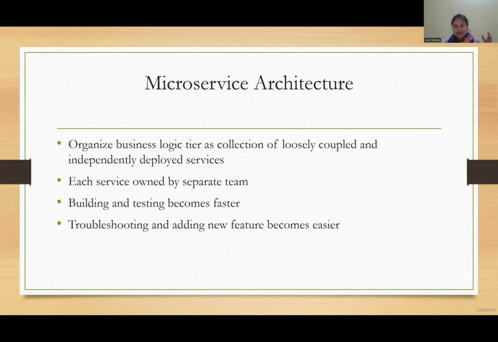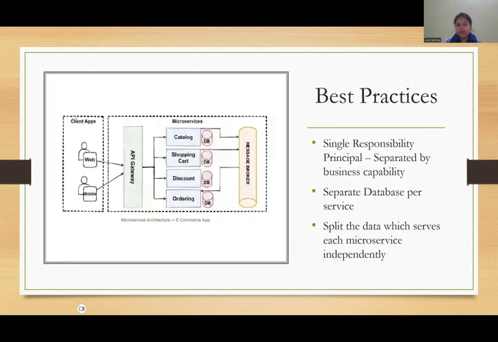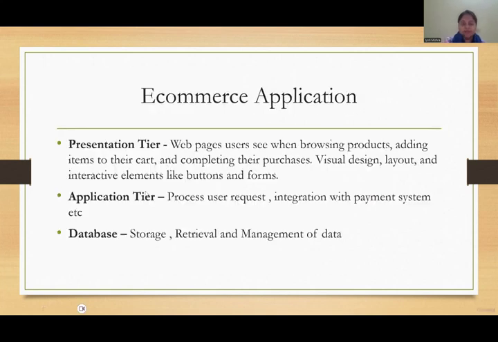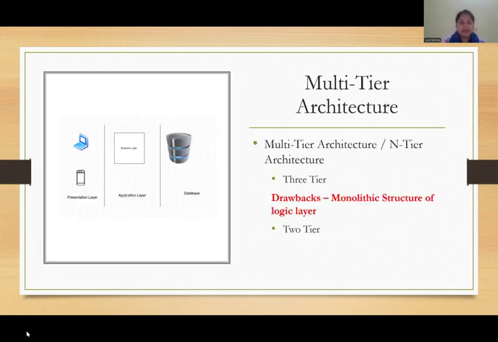Now, as I told you, when we move from one pattern to another pattern, the next pattern would be solving the problem of the previous pattern. So what was the problem in the previous pattern? This business layer, where you had all the logic, was preventing you from scaling, and scalability is one of the quality attributes of the application.